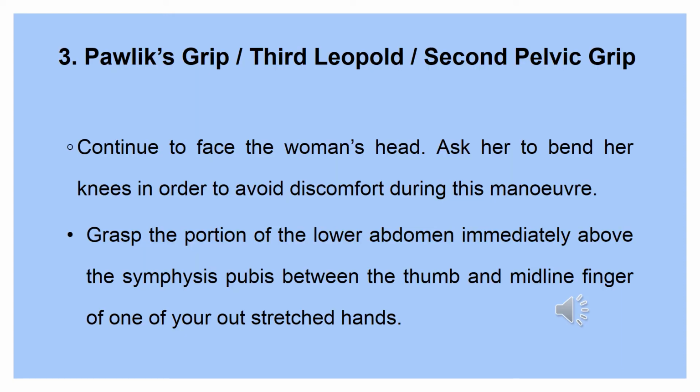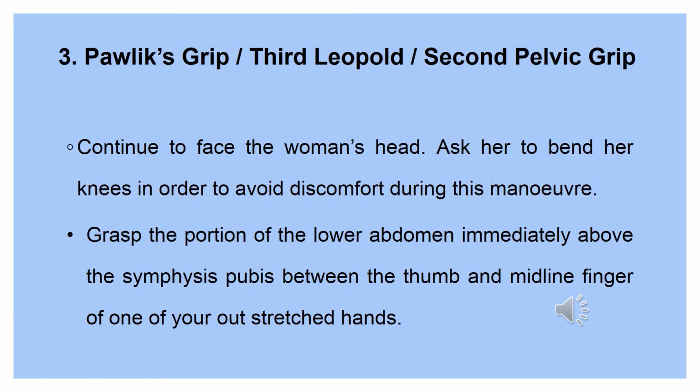Once you complete the lateral palpation, you will start the pelvic palpation, that is the Pawlik grip, also known as the third Leopold's maneuver. You have to continue to face the woman's head, and you can ask her to bend the knees to avoid discomfort during the procedure.